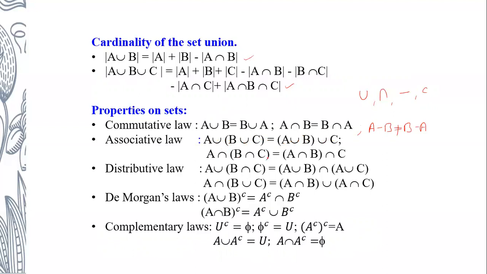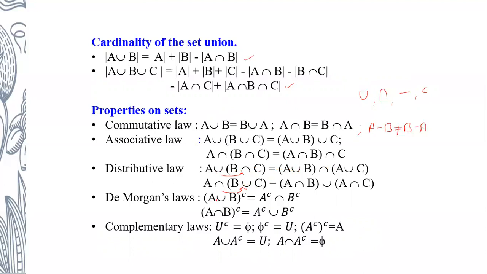Similarly for intersection. And this is the distributive law: A union of B intersection C equals A union B intersection A union C. We say union is distributive over intersection, and in a similar way, intersection is distributive over union.